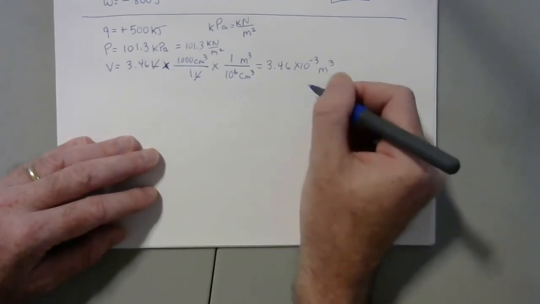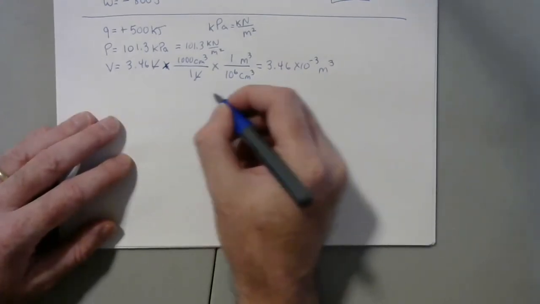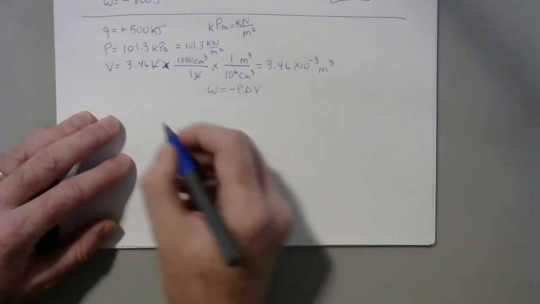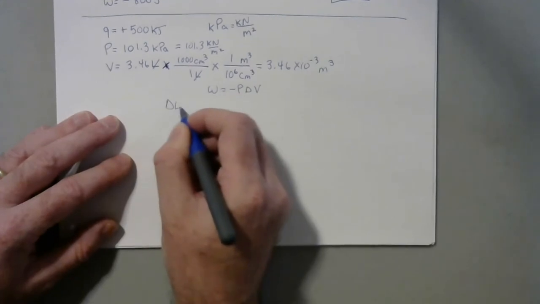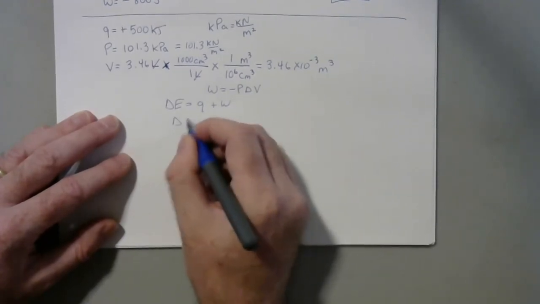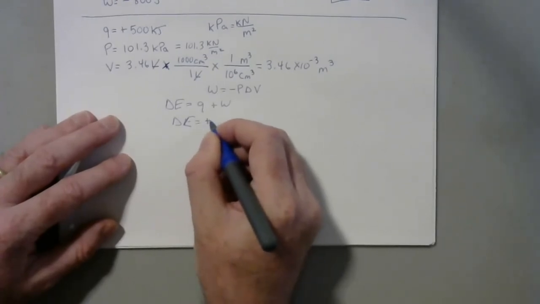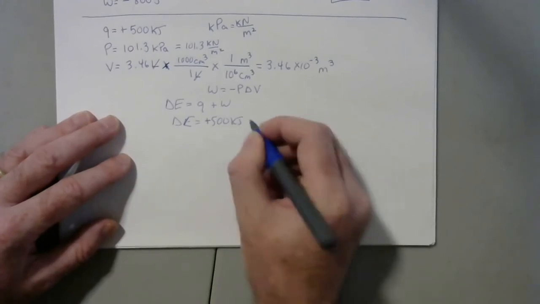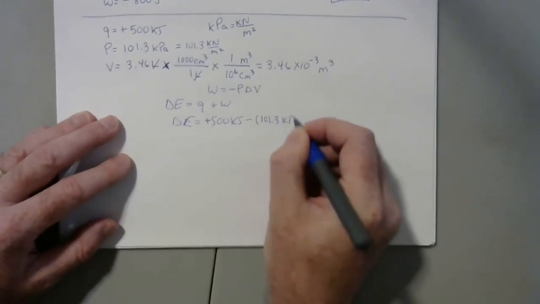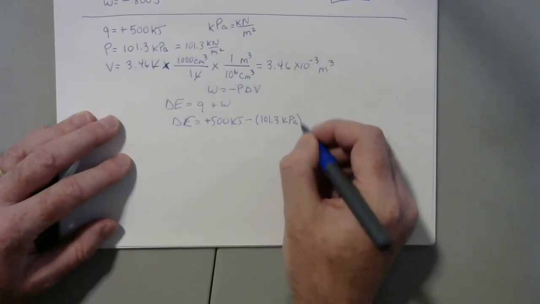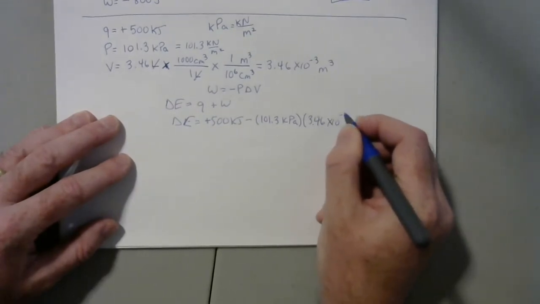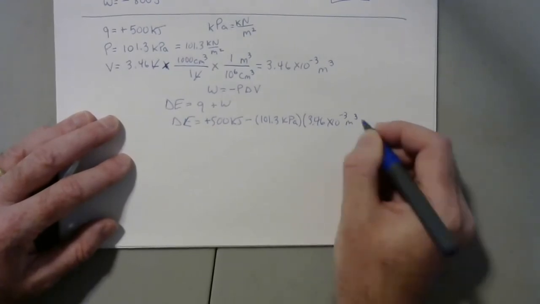Now, we need that, but that's not our final answer. Remember now, our work term is negative P delta V. So if we go for our change in internal energy, that's heat plus the work, so that's going to be a positive 500 kilojoules minus 101.3 kilopascals times 3.46 times 10 to the negative 3rd meters cubed.